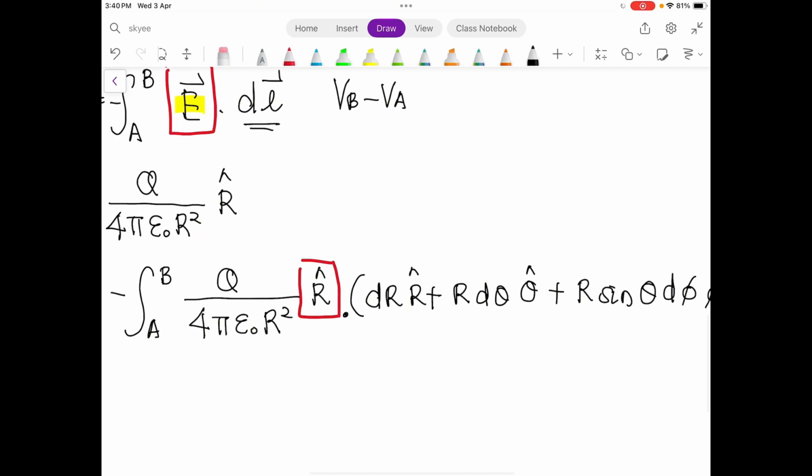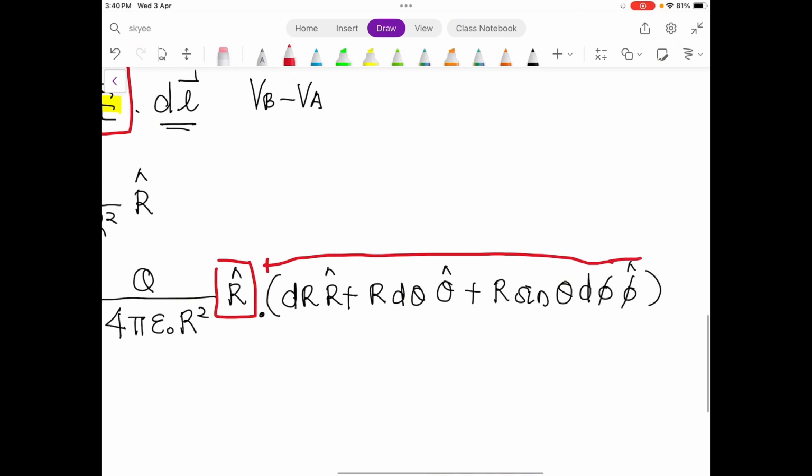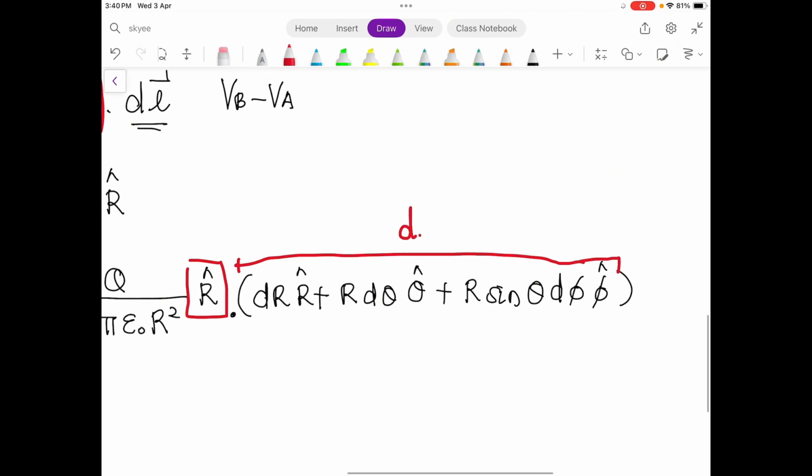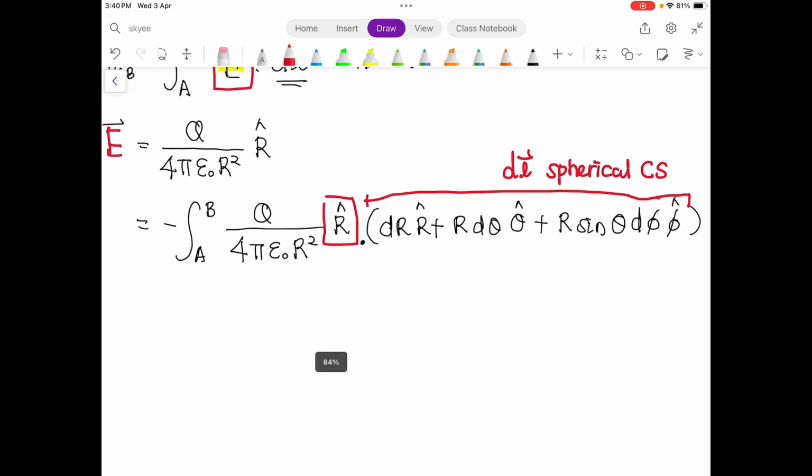So the whole thing over here actually represents the dl for the spherical coordinate system. Spherical coordinate system, so don't confuse.